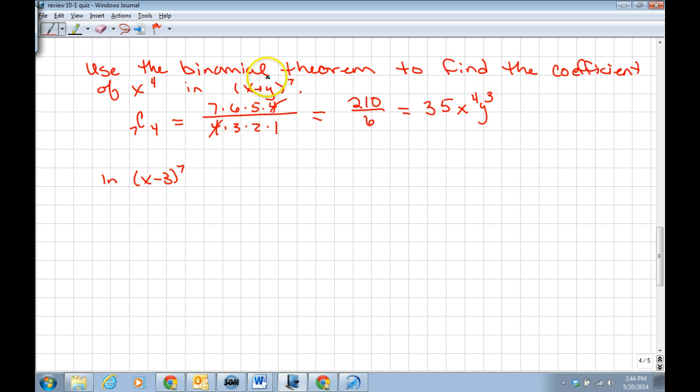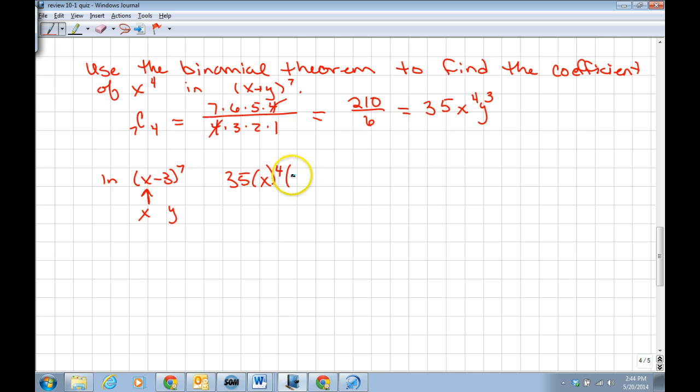Now, notice that this is in general terms of x plus y to the 7th. In your homework from section 3, it gave you this question, x minus 3 to the 7th. Find the coefficient. Once you get it in terms of this, you can replace the x and y. This is an x, and the minus 3 is a y. So I'm going to take 35, the x's stay the same, correct?